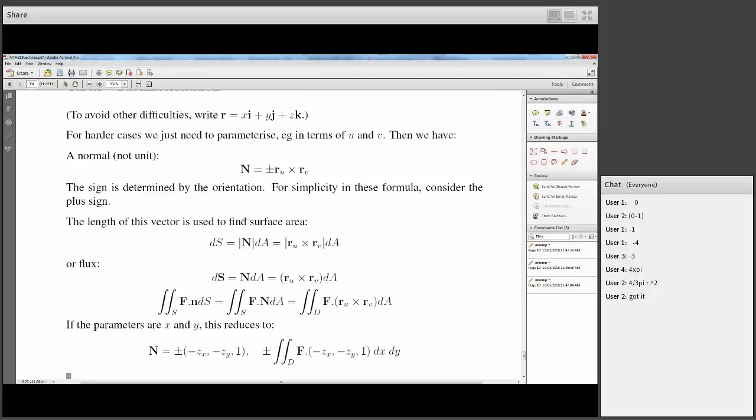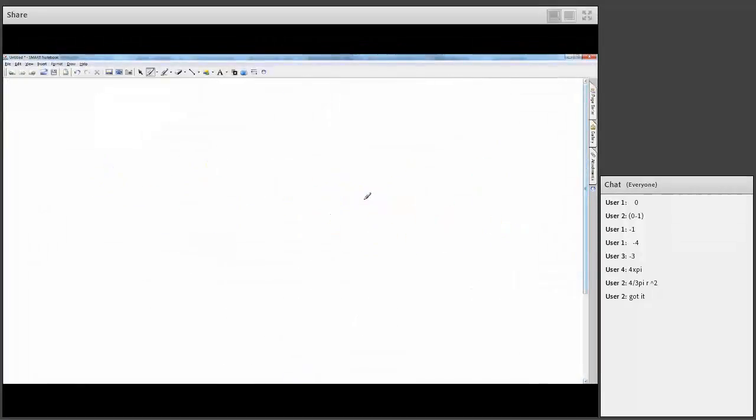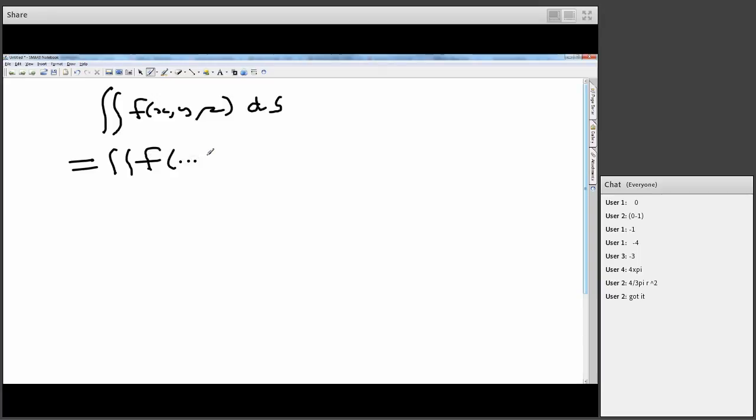So to work out a scalar surface integral, of a function f of x, y, and z dS, I basically replace f by making it into a function of u and v.